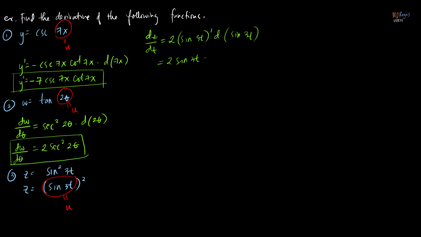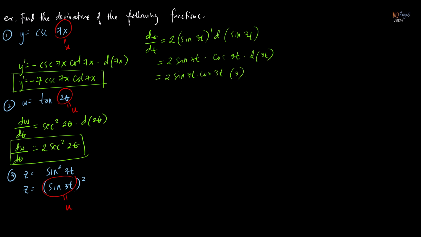The derivative of sine of u according to the formula is cosine of u, where u is 3t, times the derivative of u, where u is the angle 3t. Don't forget that. When differentiating trigonometric functions, you always have to differentiate the angle also. So it's 2 sine 3t times cosine 3t times 3.